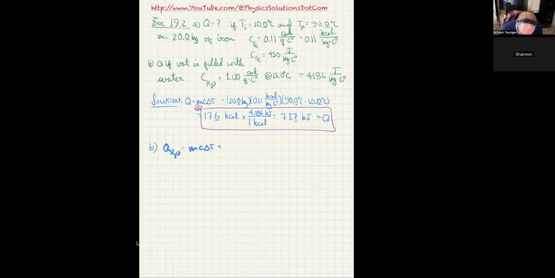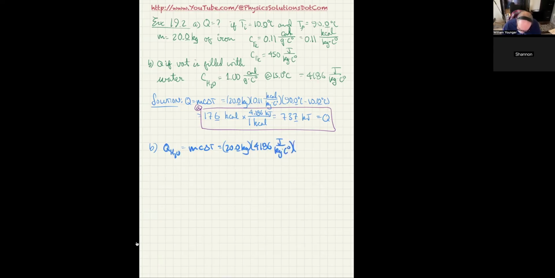Okay. In this case, we're going to go 20 kilograms again for water. I'm going to use joules this time, even though I prefer to use calories because the number's so much better there. But it's 4.186 calories per gram Celsius degree, or actually 4,186 joules per kilogram Celsius degree.